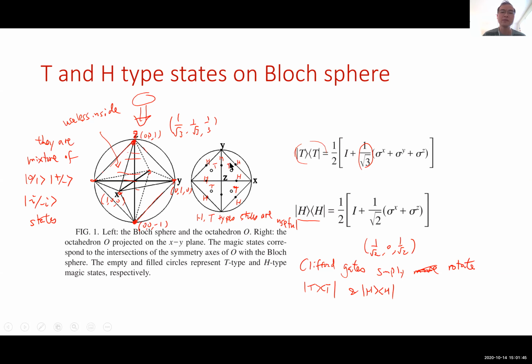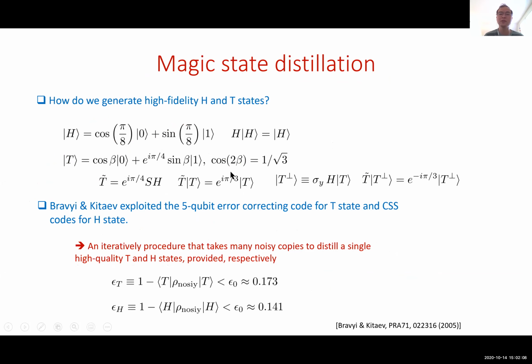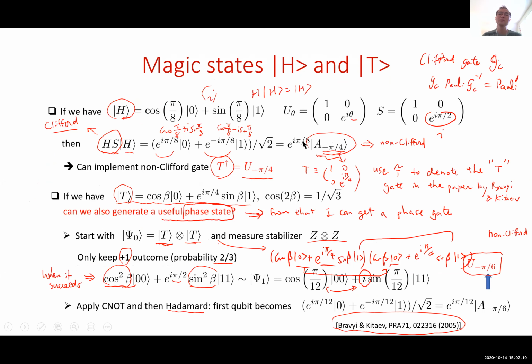And we have identified, for example, these H-type and T-type states. These are clearly outside the octahedron because they are of radius length 1. They are on the sphere, but they are not on these 6 vertices. And we have seen that they are useful because they allow us to implement these non-Clifford gates, minus pi over 4, minus pi over 6 gates.